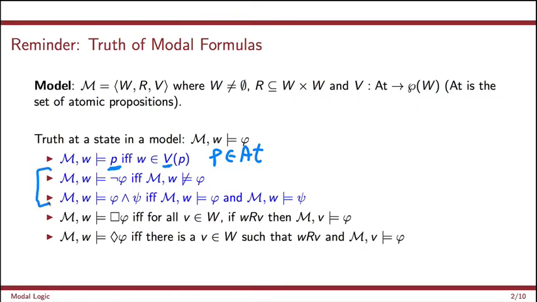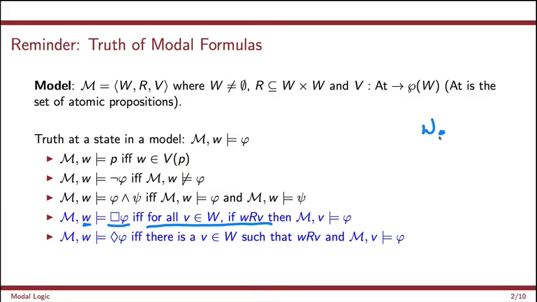Negation and conjunction are interpreted as you expect. And our modal formulas are interpreted as bounded quantifiers. So box phi is true at a state W if for all states that W can see, phi is true.